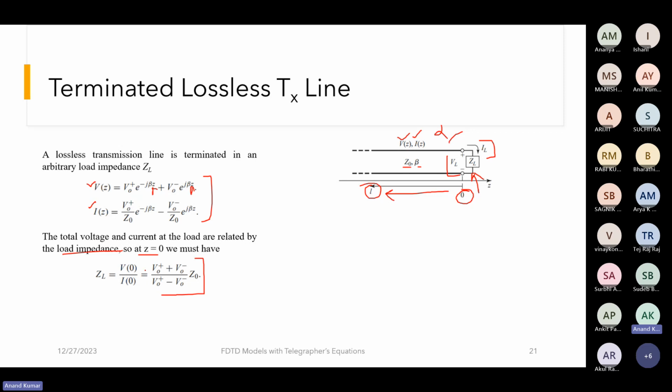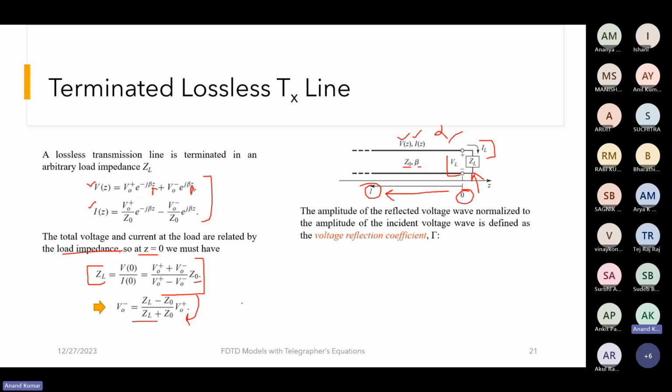This is the load impedance relationship with the characteristic impedance in terms of forward and backward voltages. We can reshuffle this to get an expression where V0 minus is given in terms of V0 plus, ZL and Z0 values. And so the reflection coefficient can be defined from this expression.